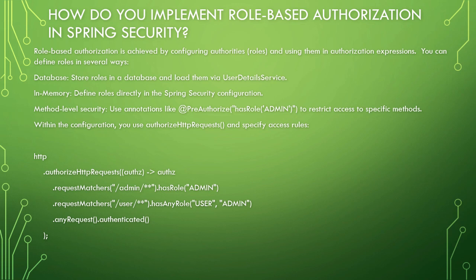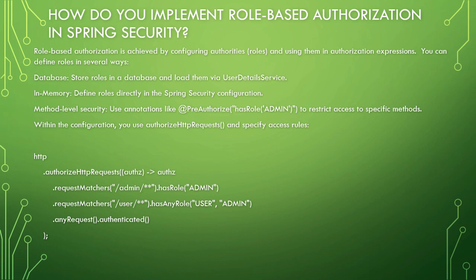Now, how do you implement role-based authentication in Spring Security? This is very commonly asked, and also the most frequently asked. Role-based authentication is achieved using configured authorities and roles, together with authorization expressions.